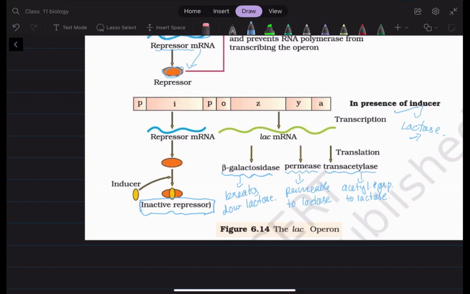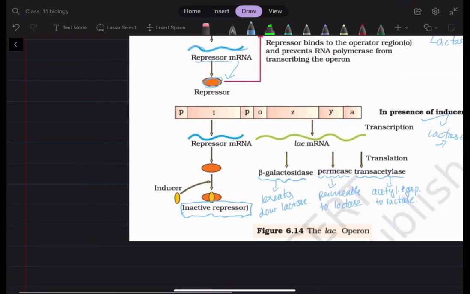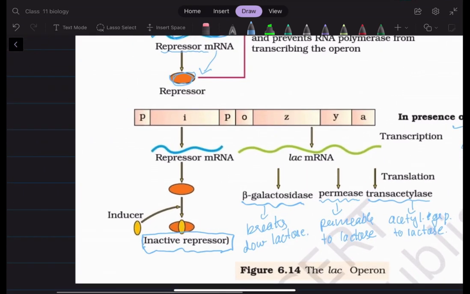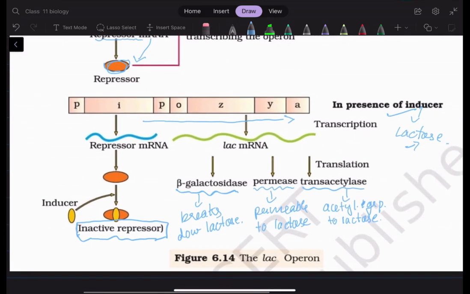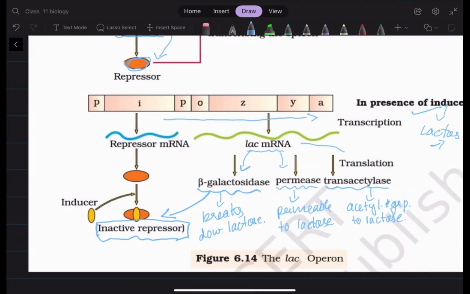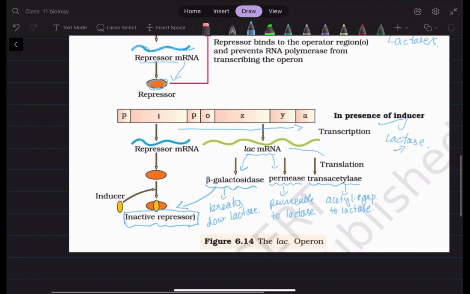It becomes an inactive repressor. So in this case, the RNA polymerase is not blocked by anything here and it continues to make mRNA for these genes also. So then we get a lac mRNA. This lac mRNA will code for the following enzymes, and these enzymes go and digest this lactose. They help in the breakdown of this lactose.